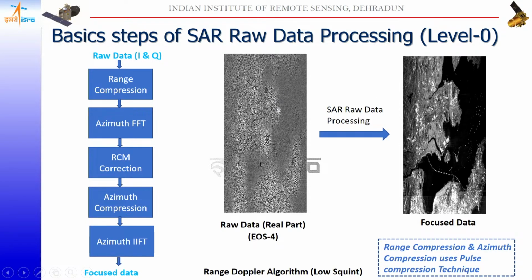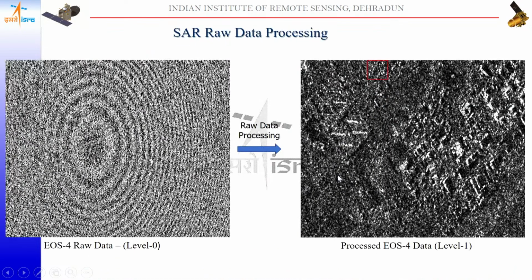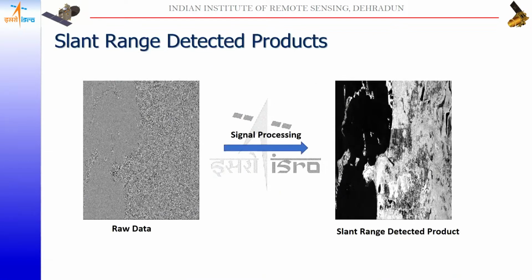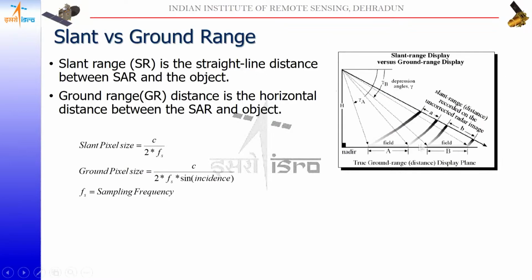So data is acquired in the slant range plane and the processing is also done in the slant range plane. So our slant range product will not be the actual ground. The actual ground is like this, but the data is projected in the sensor geometry onto this plane.